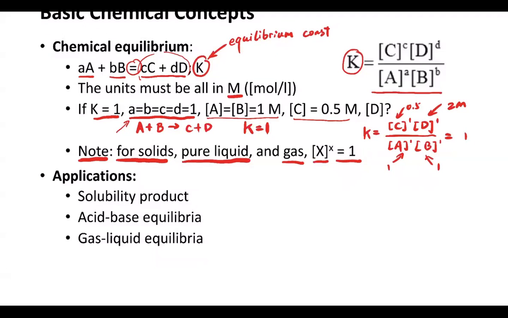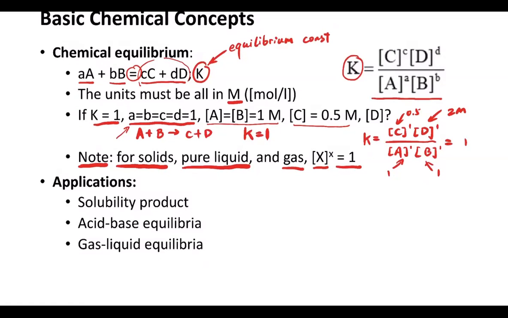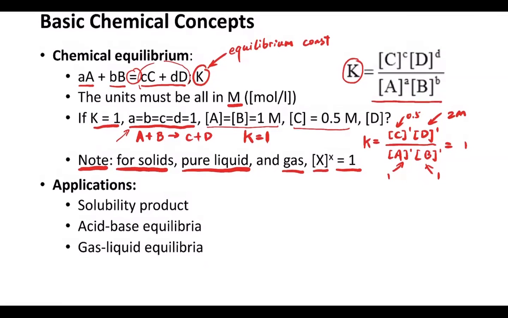We're referring to basically the formation of solids. If you recall the water softening, there are some solids being formed in that reaction. In that case, we don't need to consider the concentration of the solid or the concentration of the pure liquid. We're going to give some examples in the next few slides.